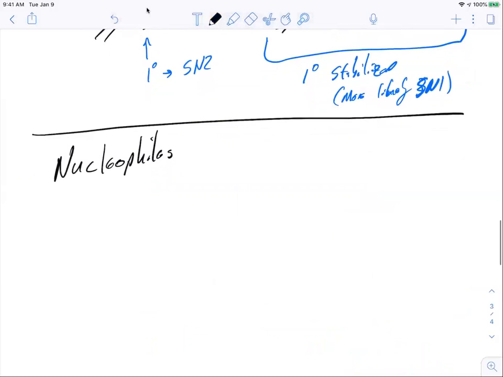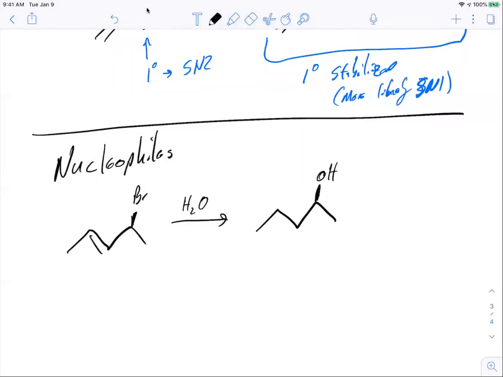If we think about nucleophiles in an SN1, SN2, we can use relatively poor nucleophiles.